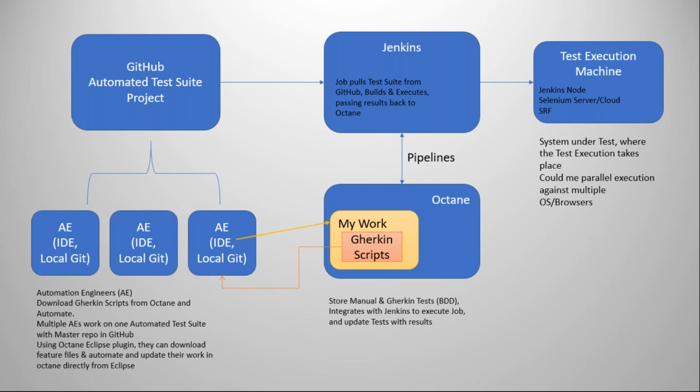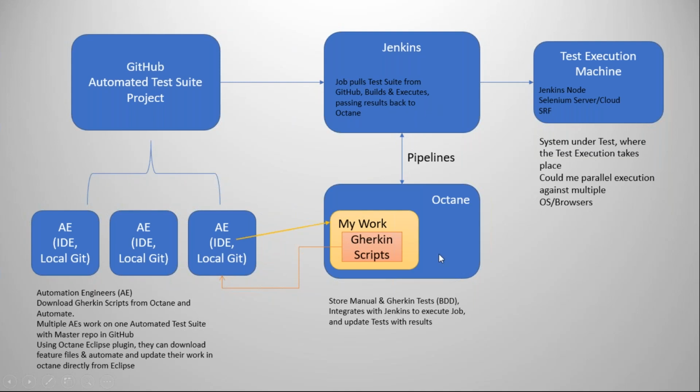Now, the way that Octane works is when it comes to executing automated tests, we execute them through a CI server. In this case, we're using Jenkins, but we could be using TeamCity, Bamboo, TFS, etc. We are going to create a Jenkins job that will pull our automated project, or automated test suite, from GitHub, build it, execute it, and then pass the results back to Octane.